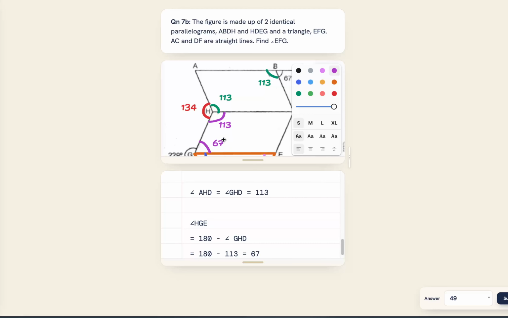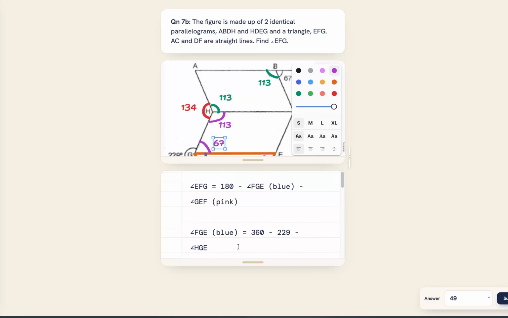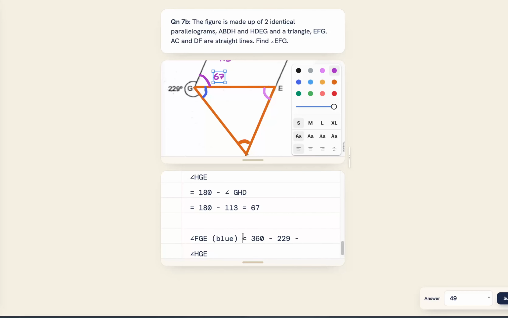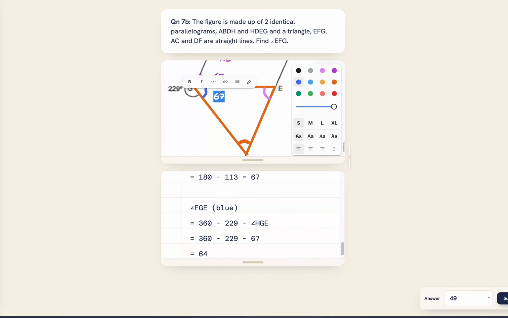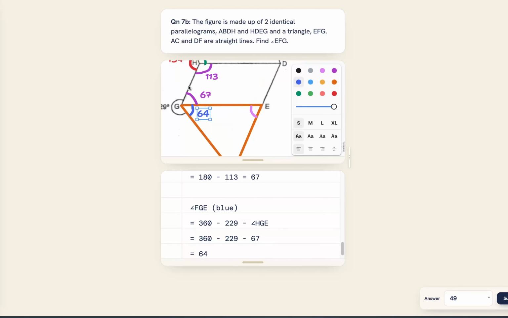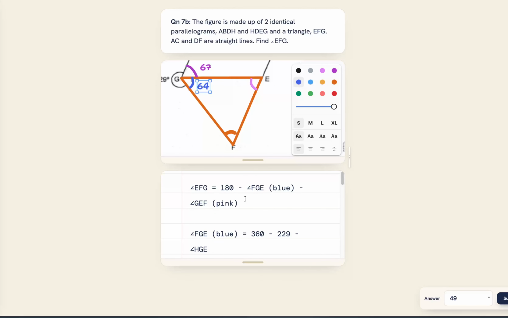Since we know that HGE is 67 degrees, we can find FGE, which is the blue one. The blue angle is 360 minus 229 minus HGE, which is now 67, and this will be equal to 64 degrees. Then, how do we get the next angle, GEF?